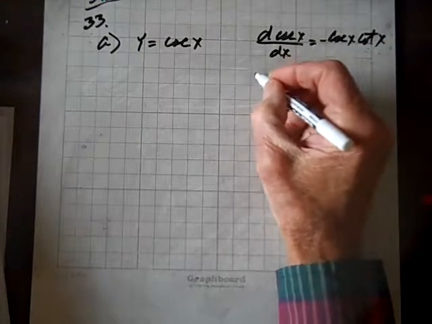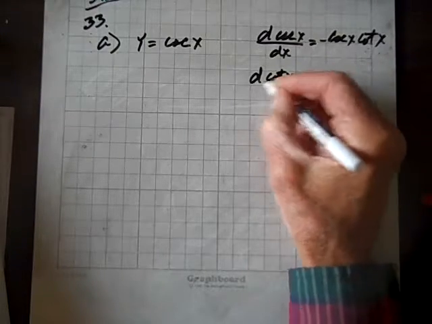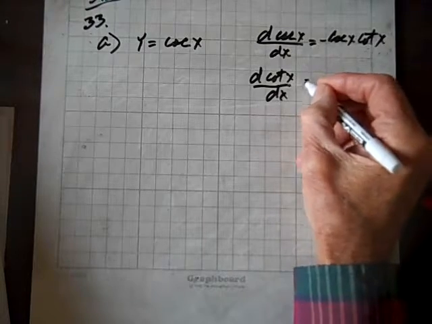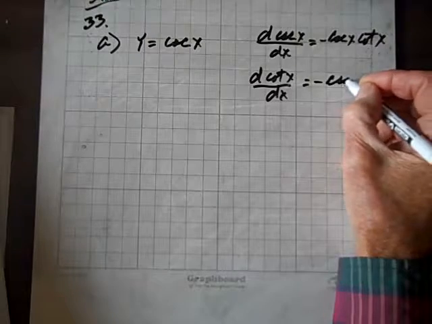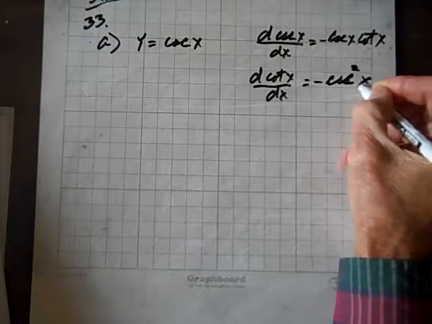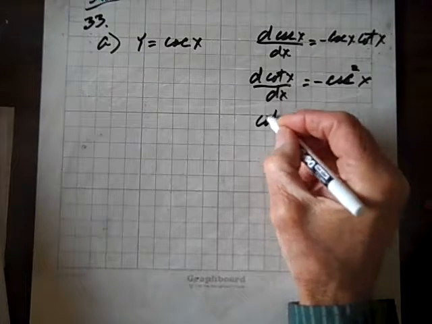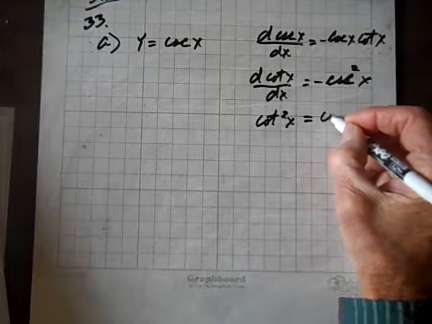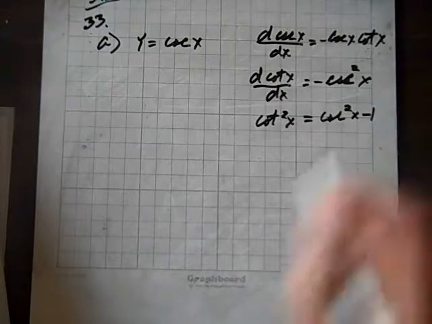And also the derivative of the cotan of x with respect to x equals minus cosecant squared of x. And finally, cotan squared of x, the identity for that is cosecant squared of x minus 1.